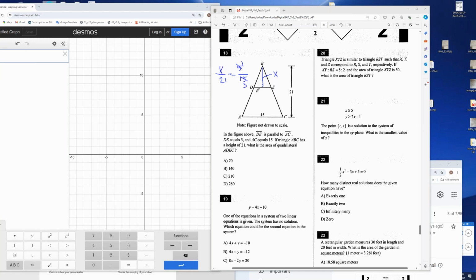So 3x equals 21. If you divide by 3, x equals 7. So this side equals 7. If this side equals 7, this side must be 21 minus 7, which is 14.